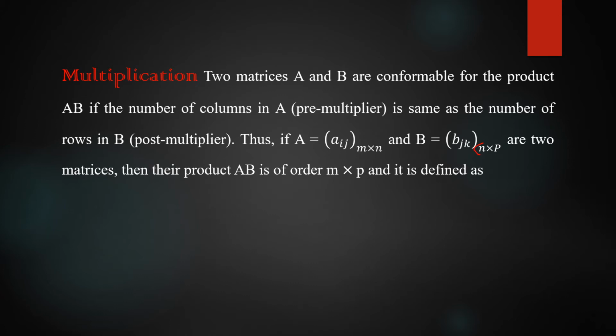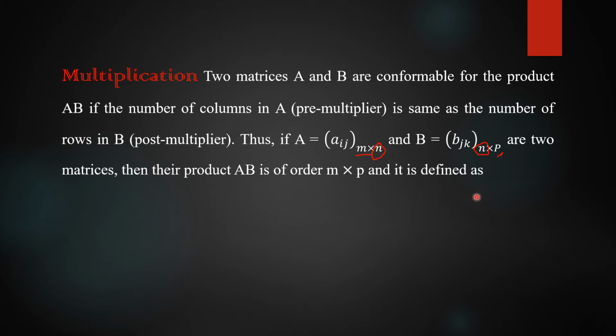Here the column number is N, and here the row number is N. Eliminating this N, the new order will be M by P. So this M by P is the order of the new matrix AB.